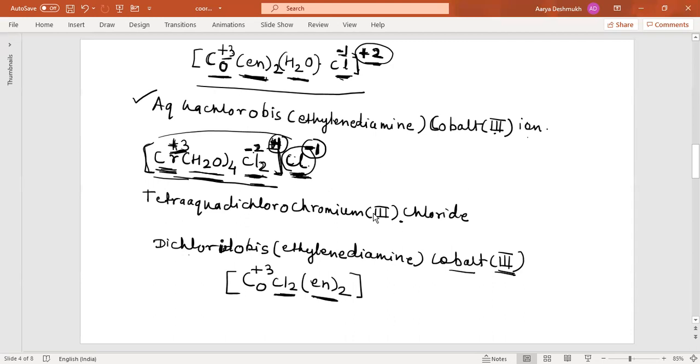Here there are two chlorine, so this must be -2. So +3 -2, this must carry +1 charge. So in this way you can write the correct formula. Names of anionic ligands end in -ide changing to -ido, and -ate changing to -ato. This is the way you can write it.